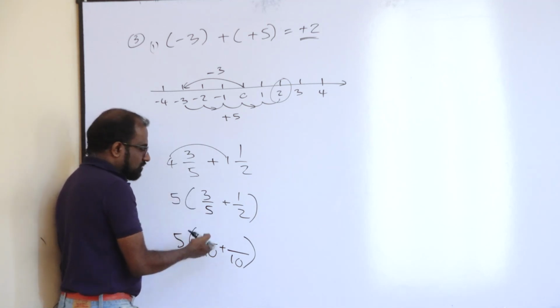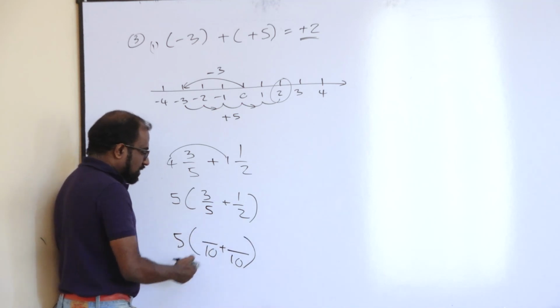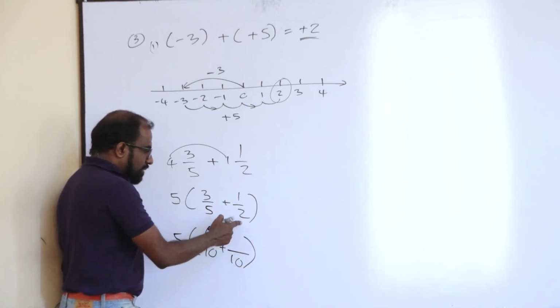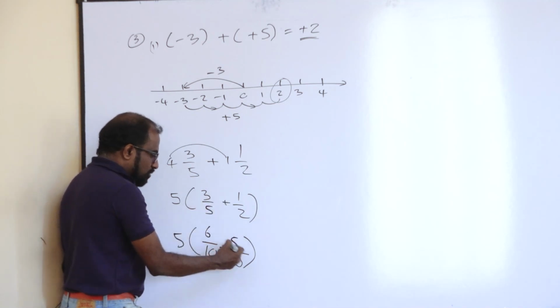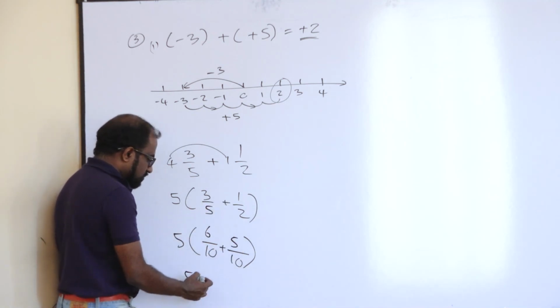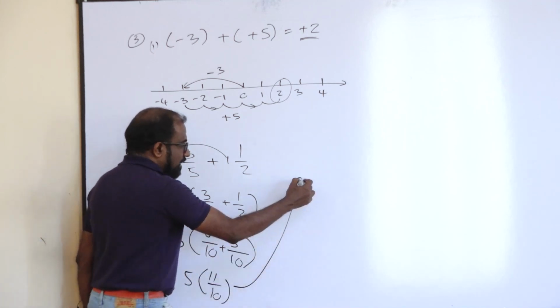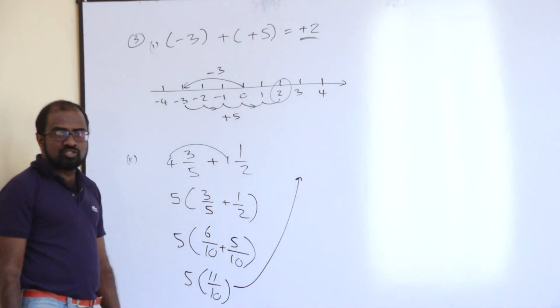10 divided by 5, 2, 2 times 3, 6. 10 divided by 2, 5, 5 times 1, 5. What then is the answer? 11 over 10. 11 over 10 is an improper fraction.